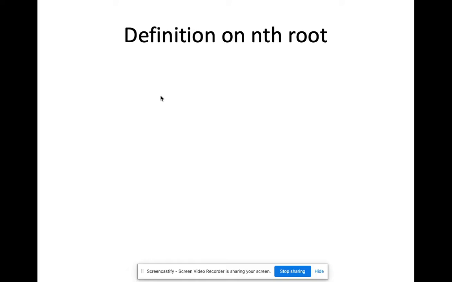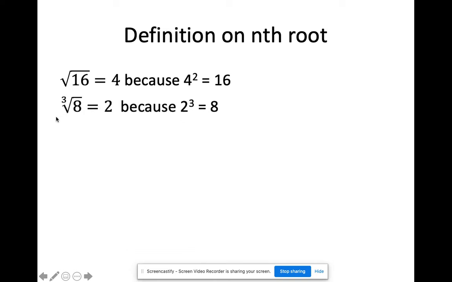Generally, when you learn square roots and cube roots, we know that the square root of 16 is 4, because 4 squared equals 16. Also, you know that the cube root of 8 equals 2, because 2 to the third equals 8.